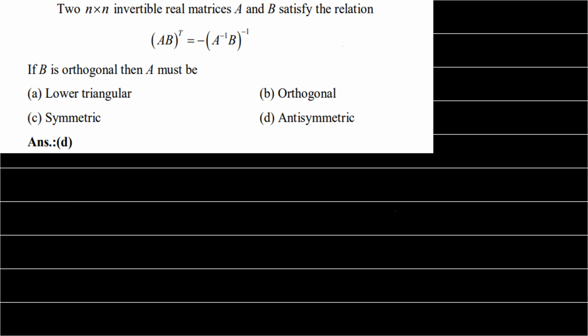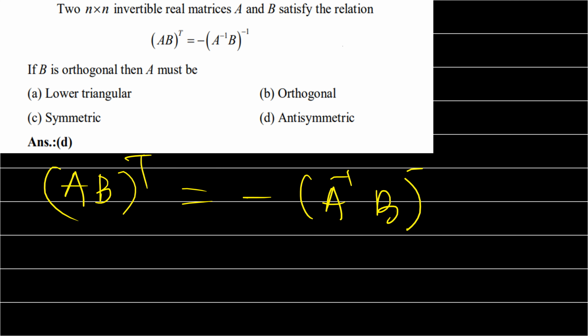First question. Two n cross n invertible real matrices A and B satisfy the relation given. Okay. So basically there is A B equal to minus. Now if B is orthogonal, that is, the orthogonal condition is what?